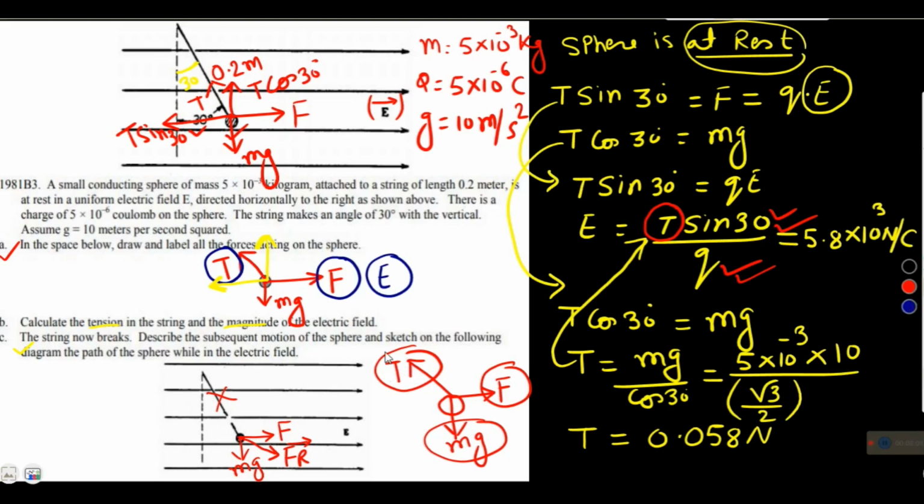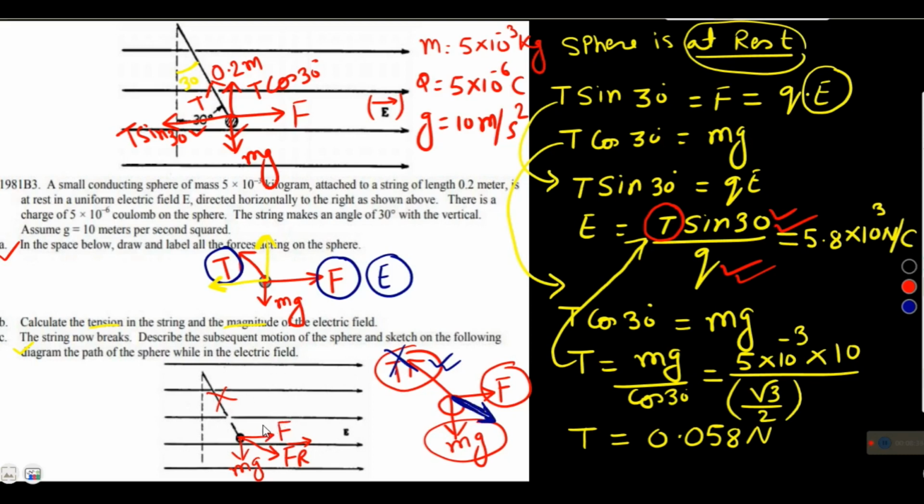Or you can say in another way, these three forces are in equilibrium, right? So if this tension goes out, the net force will be in this direction. Why? Because these forces were in equilibrium. If this force is neglected, then this will be your resultant force direction that was previously balanced by this tension. Now this tension goes to zero, so the resultant force should be in this direction.